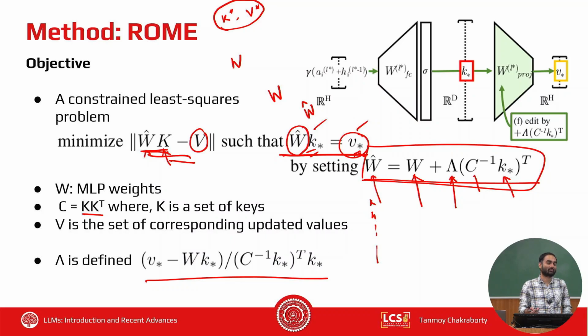What is K star? What is V star? Tell me. K star is the new or updated key, and V star is the updated value. They are vectors. They are not English readable prompts, right? So how do we get K star?